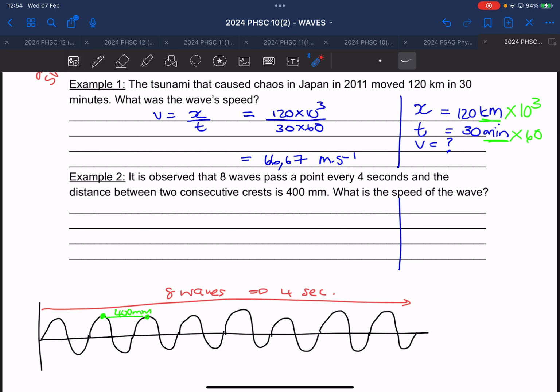The number of waves in a certain time. The frequency. So with that information, the number of waves is 8 waves in 4 seconds. So they give us the frequency is 2 hertz.